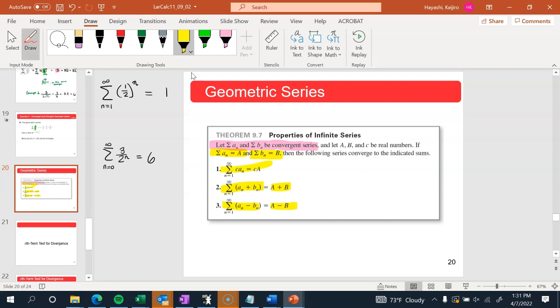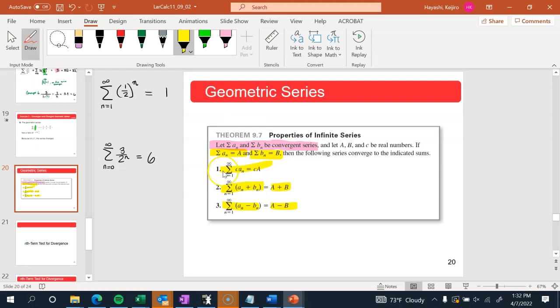And also, if you take a number and you multiply it by a constant, of course the result will just be the constant times that number. So if you have a convergent series and you multiply by 3, the sum of the new series that you make by multiplying a series by 3 will just be 3 times the old sum.